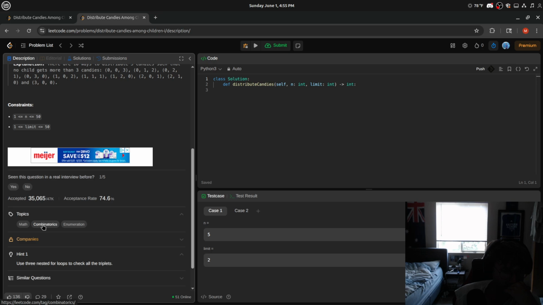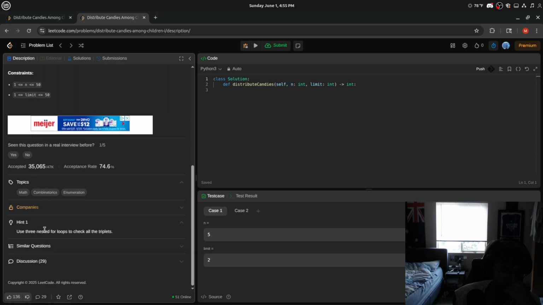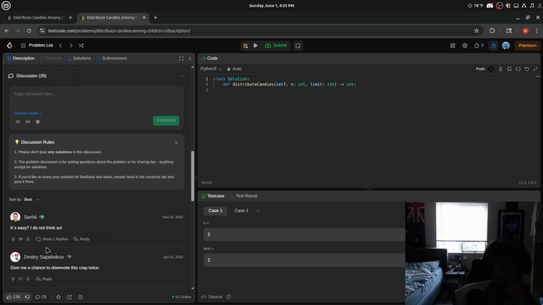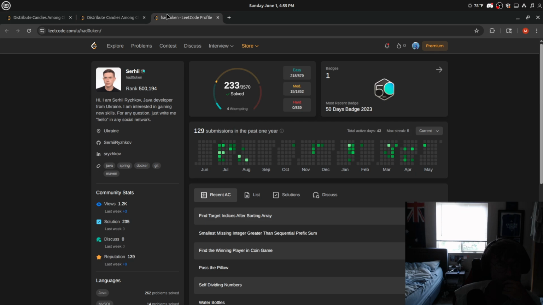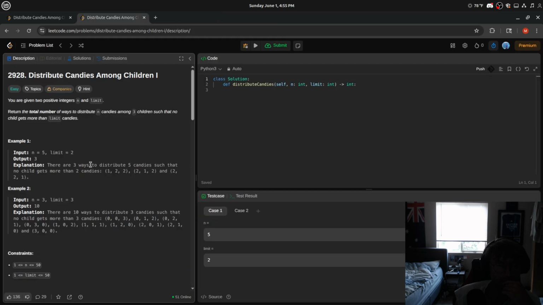Hint one. Use 3 nested for loops to check all the triplets. Three for loops. Is it always going to be a limit of 3? Oh, it's always 3.